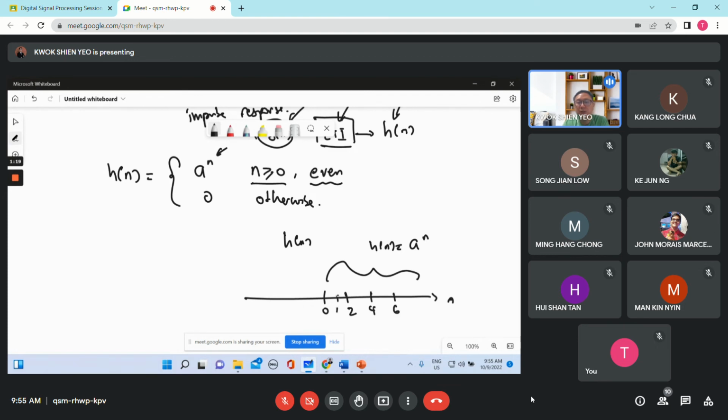How about the odd entries? They are 0, they stay at 0. Only those even numbers n have some value according to this, depending on what a is. Maybe it's 5, 10, don't know. So it will have different values. 0 otherwise, so all here is 0.